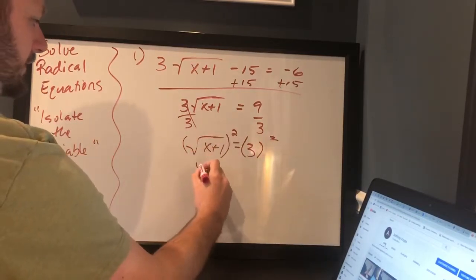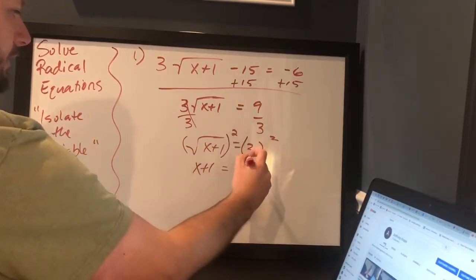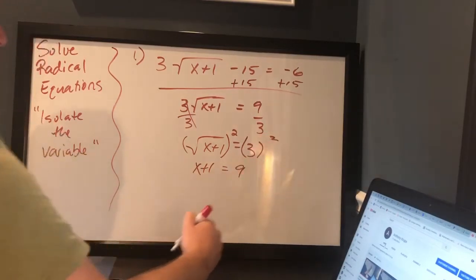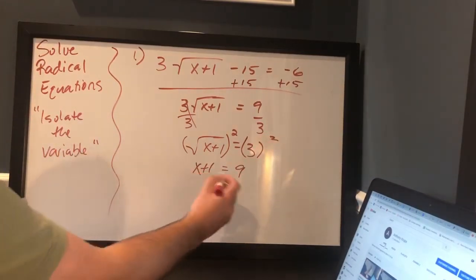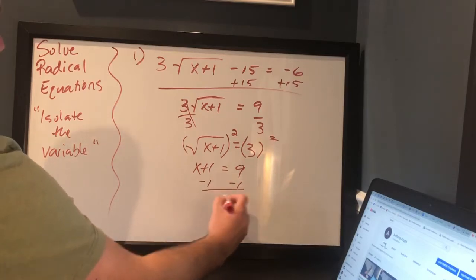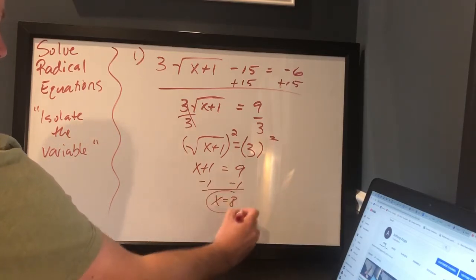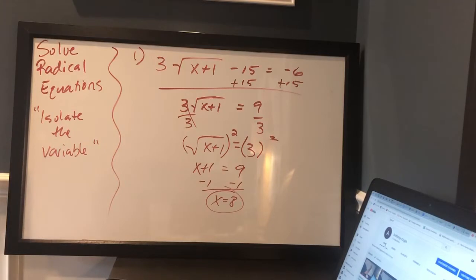So this becomes x plus 1 equals 3 squared, which is 9. Then you subtract 1 from both sides, so we find that x equals 8. That's how you would solve a radical equation.